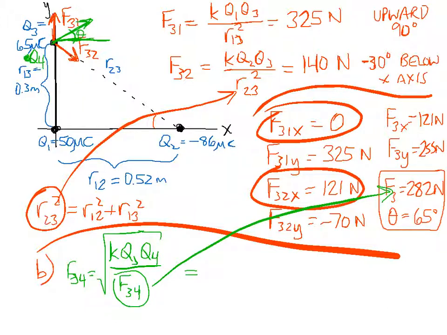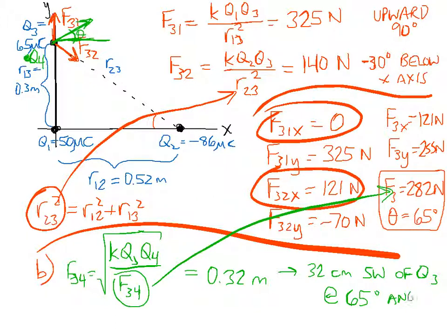And when you plug in those numbers, the K is 9 times 10 to the 9th, the Q3 is 65 times 10 to the negative 6, the Q4 is 50 times 10 to the negative 6, the F34 is 282, you'll get a final answer of 0.32 meters. So you can say for the answer that it is going to be 32 centimeters southwest of Q3 at a 65 degree angle if you want to be really precise.